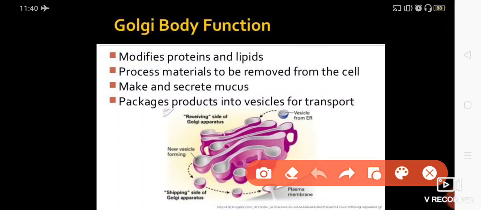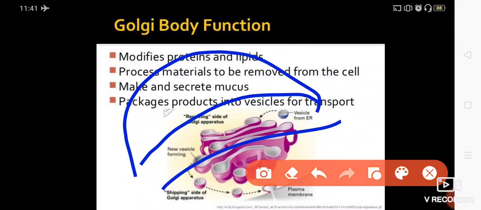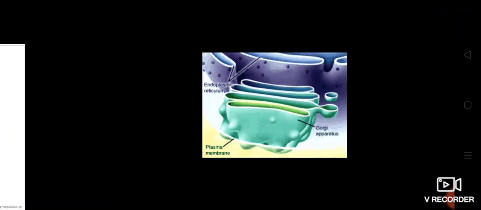It also packages the materials, and one more function you can add here is that it forms the cell plate, which is helpful in the division of the plant cell. This I told you in earlier sessions of my class.